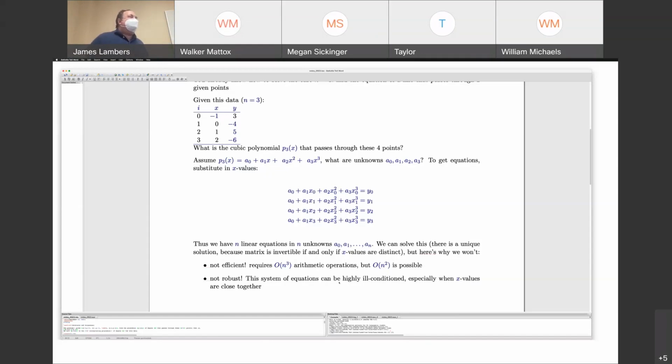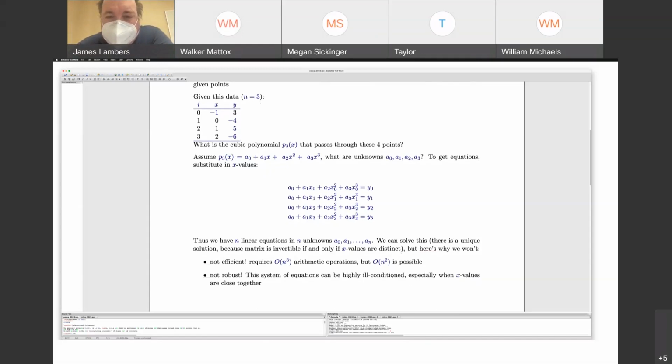So the result, the coefficients, can be very sensitive to rounding errors. So although this is the most straightforward approach, it's really not the best one from a numerical standpoint, in terms of two of the three criteria, efficiency and robustness.